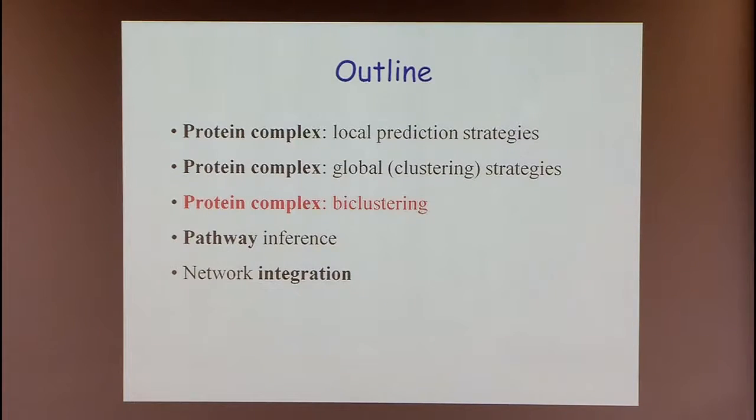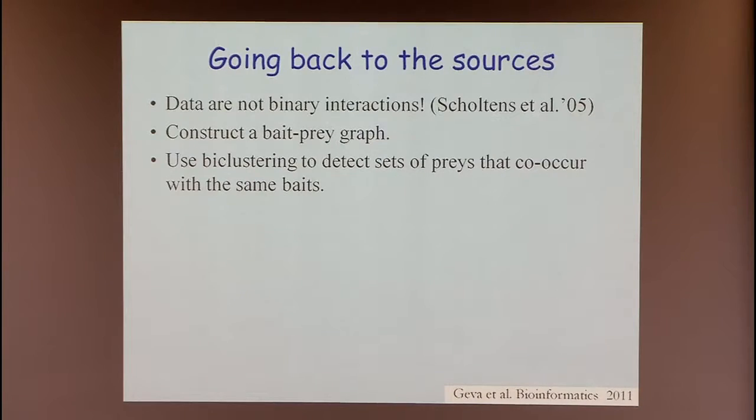Okay. So the next thing I'd like to talk about very briefly is biclustering approaches to protein complex identification. And the reason I think it's important is because when you tailor an algorithm to a specific biological data set, you should think what this data set represents.